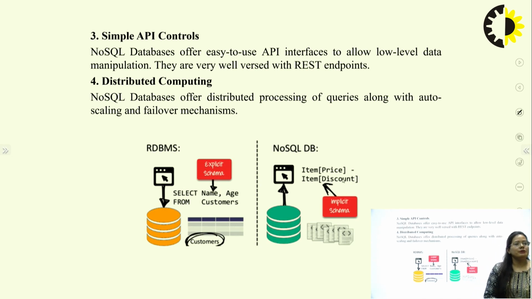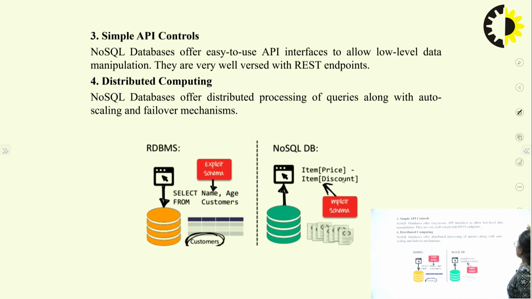Fourth feature will be distributed computing. NoSQL database offers distributed processing of queries along with auto scaling and failover mechanisms. Here the data is stored like this in RDBMS, and data will be stored in NoSQL database like this.